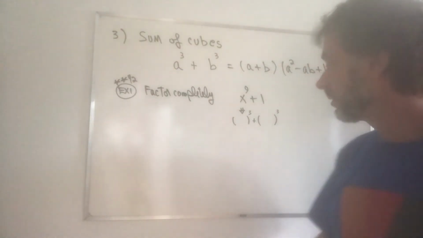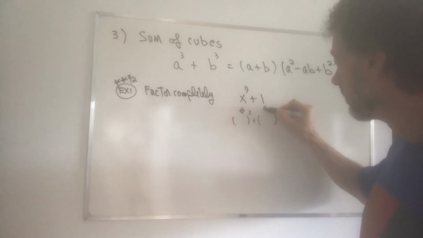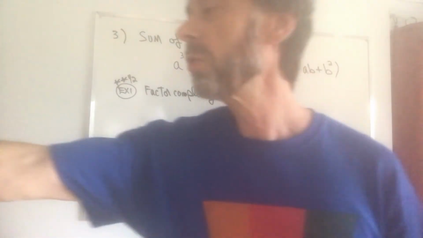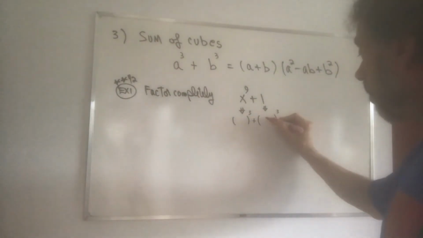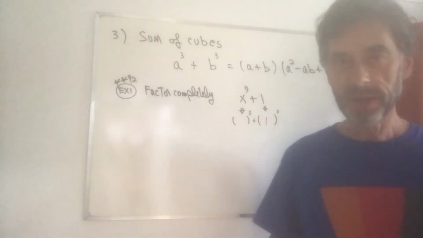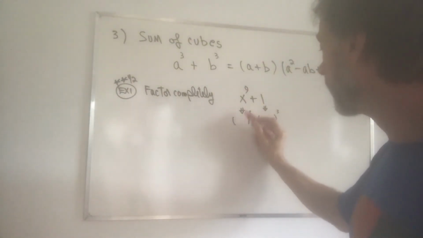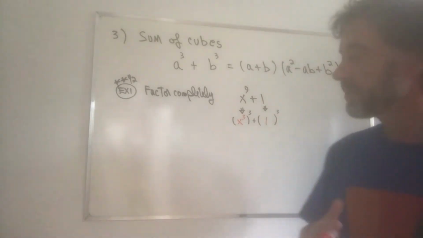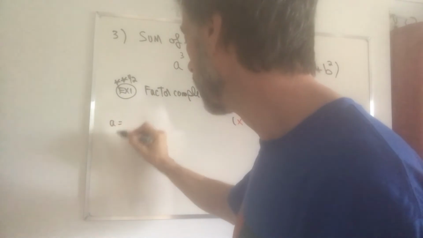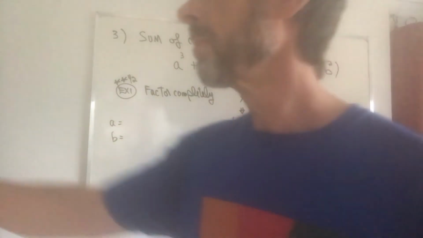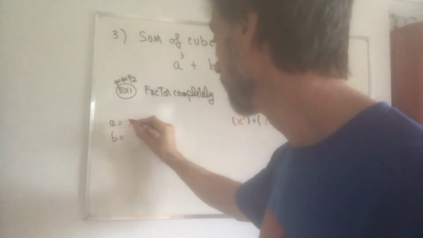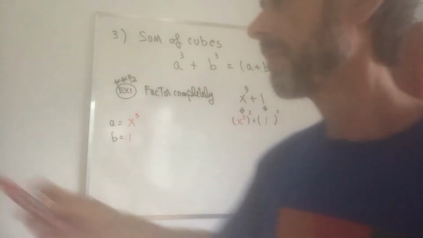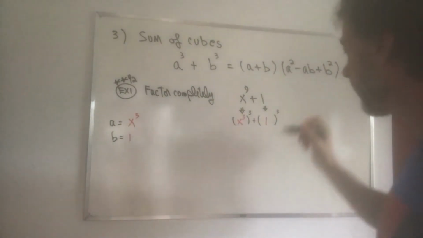Let's see what we can put into these brackets so that we have a cube plus a cube. If you're saying that 1 cubed is equal to 1, you're absolutely correct. What goes to the power of 3 here? Well, it certainly should be x cubed because 3 times 3 is 9. So what I have here as my A and as my B are x cubed and 1. Very good.